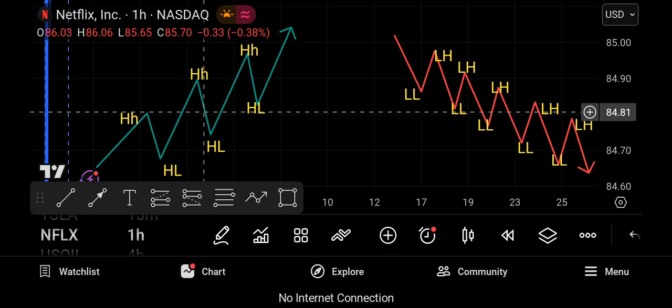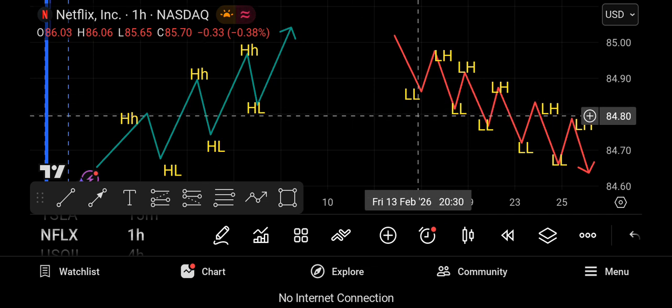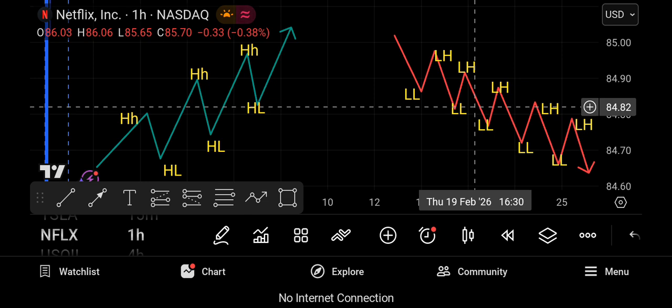This is the complete course, and I believe that if you watch the complete course, you are going to understand. If you see the movement of the market going in this direction, you understand where the market is heading to. And if you see this kind of structure, you will understand where the market is going.